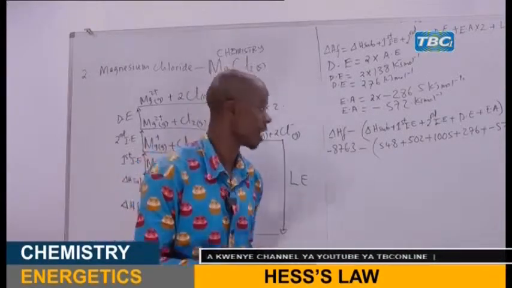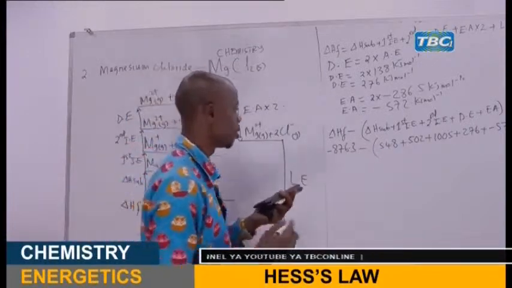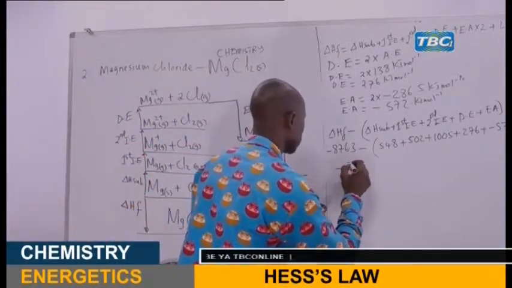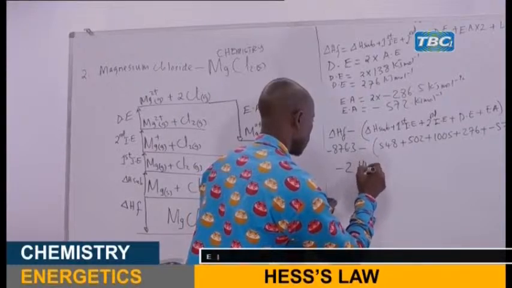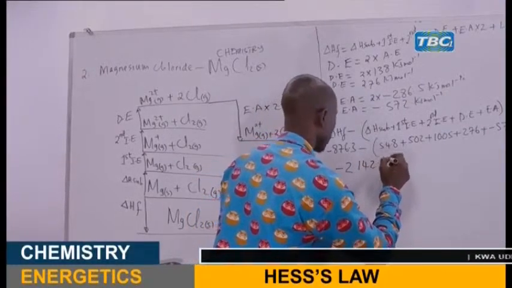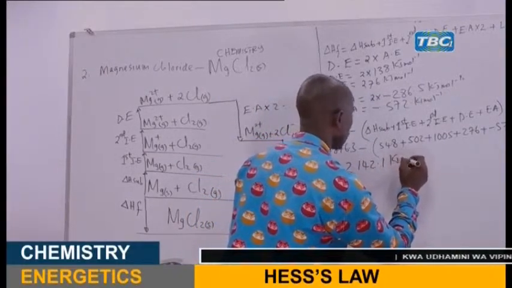Now, my dear students, after making that calculation, you are going to get negative 2,142.1 kilojoules per mole.